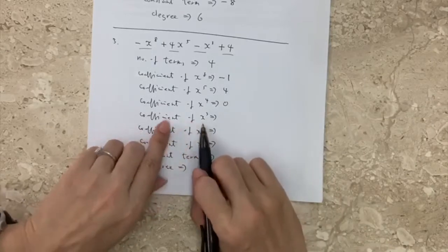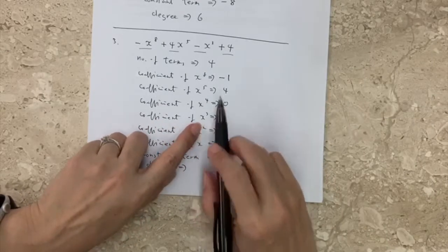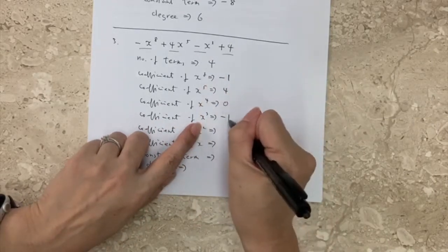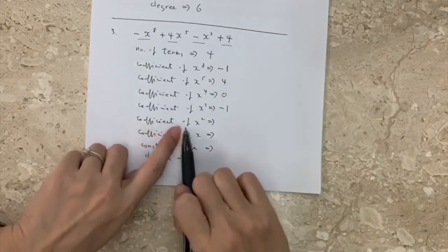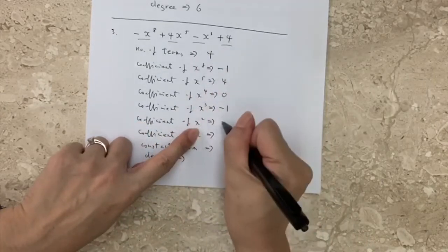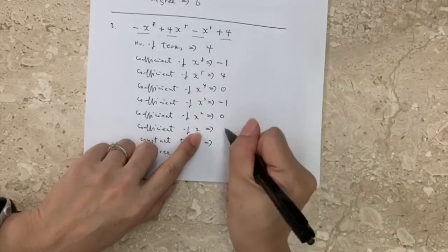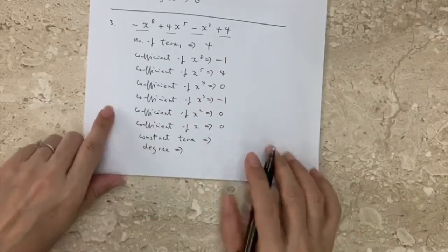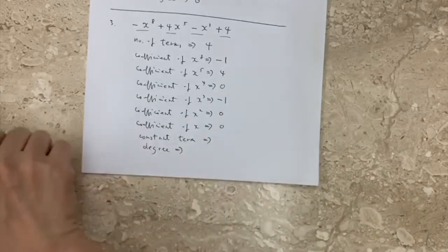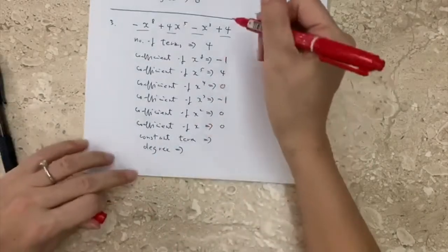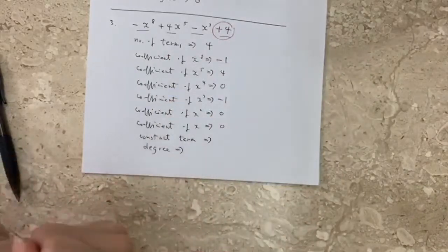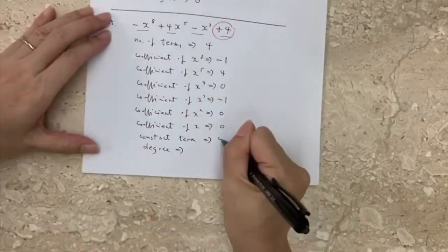Next, coefficient of x to the power 3, which is minus 1 as well. Coefficient of x squared, we don't have that, so that is 0. Coefficient of x, we don't have that, so it is 0. And finally, the constant term is this plus 4 here, so we simply put 4.